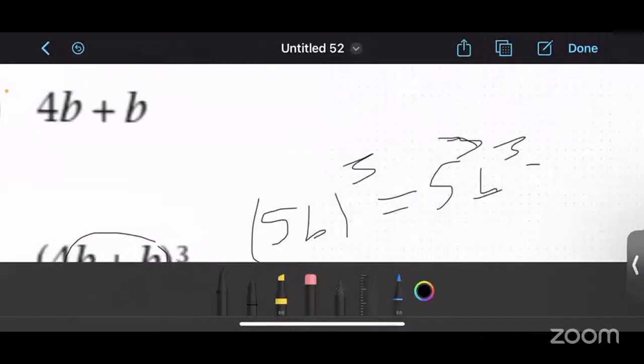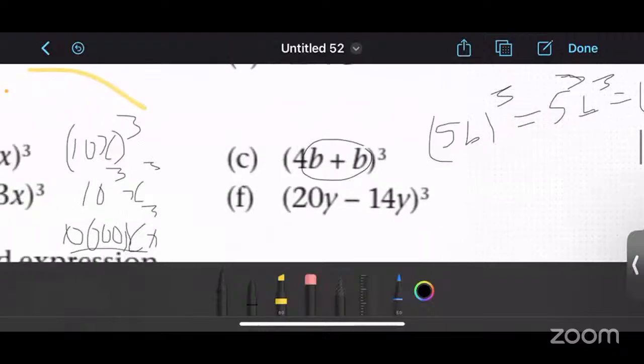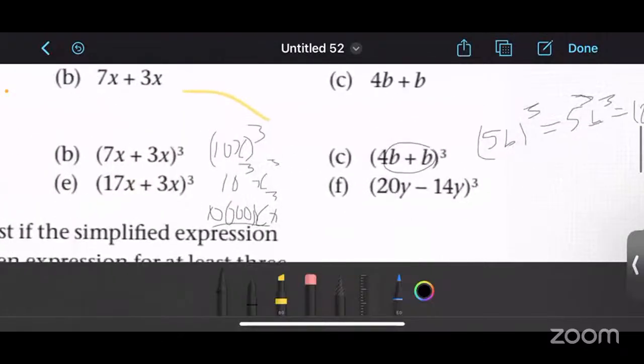Which is going to be 125b to the power of 3, 125b cubed. Does that make sense to everybody? Yes, ma'am.